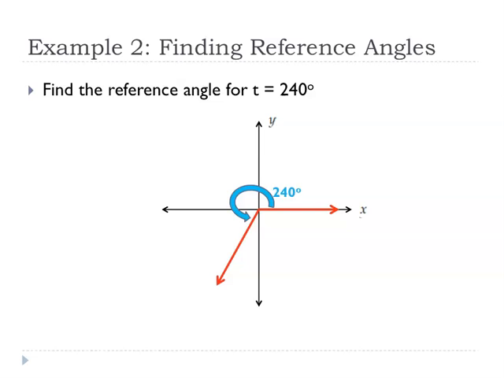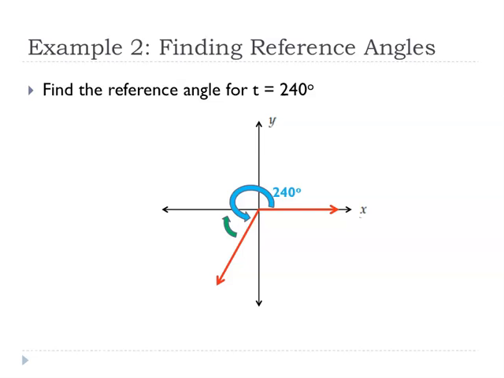Now we need to know what the reference angle is here. So the reference angle, we're in the third quadrant, so we're in that third case. We need to figure out what the angle measure is from this terminal side to the nearest x-axis, which in this case is the negative x-axis. So this angle measure here is what we're trying to find.